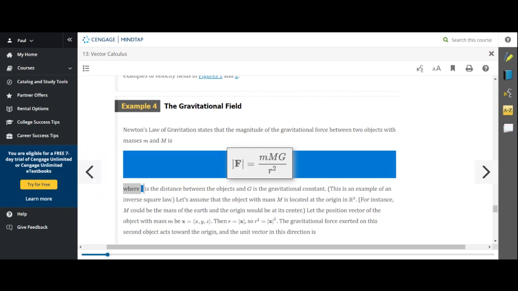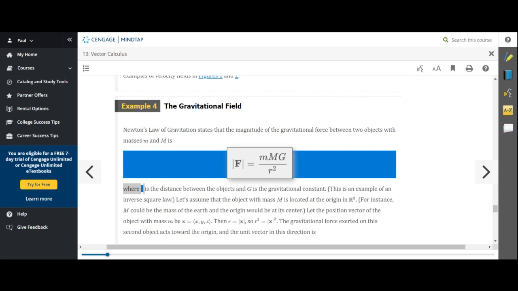So of course, as the distance between the objects increases, as r increases, what's going to happen to the magnitude of the gravitational force? As two objects get further and further away from each other, what happens to the gravitational force between them? It approaches zero. It gets less and less. Absolutely.